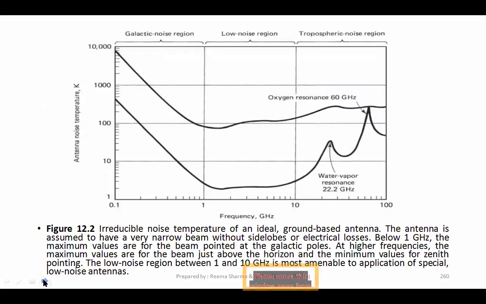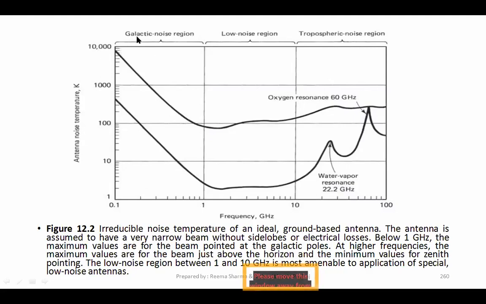If you can see the graph over here, you have frequency at one end, and the antenna noise temperature on the other. The noise is in the form of heat, and it's measured in kelvins. As the frequency of operation is less, you can find that the antenna noise is too high.